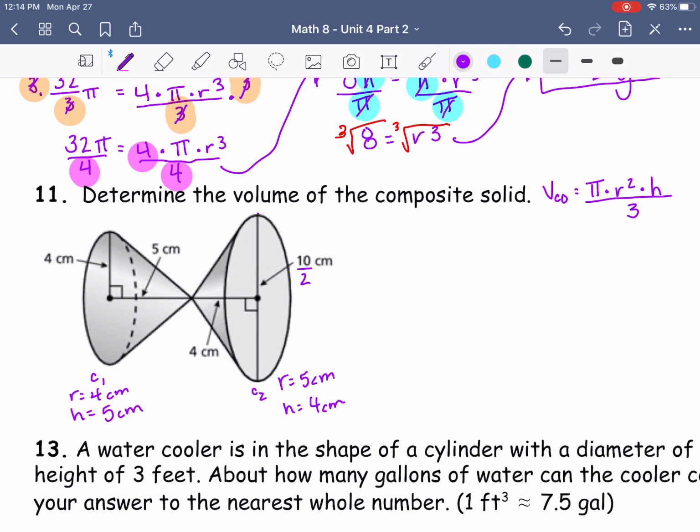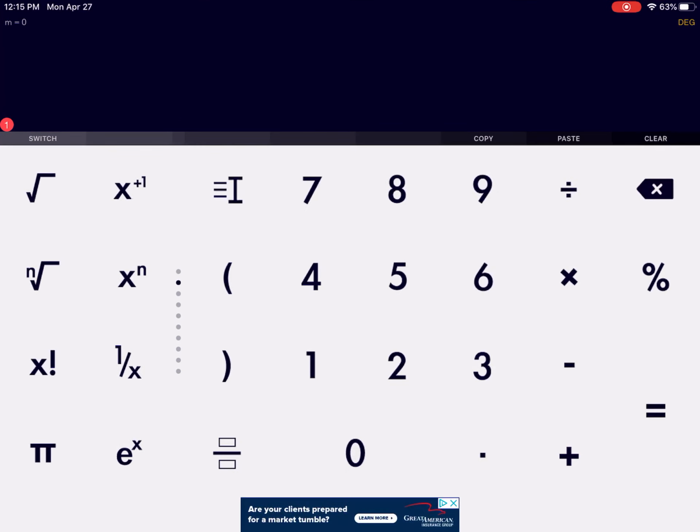So the volume of cone 1 is pi times the radius squared, our radius is 4, times the height, which is 5, divided by 3. So pi, 4 squared is 16, times 5, divided by 3. Now I am going to do the 16 times 5. 16 times 5 is 80.